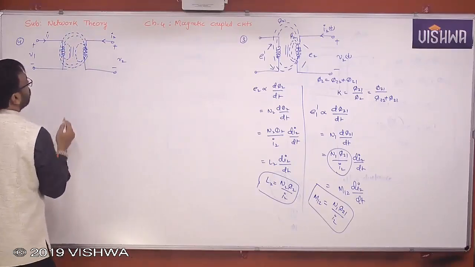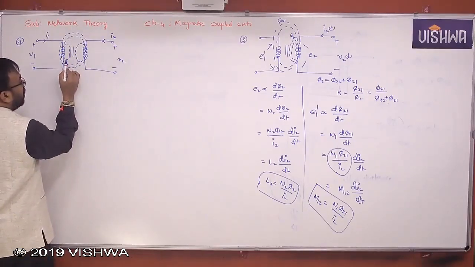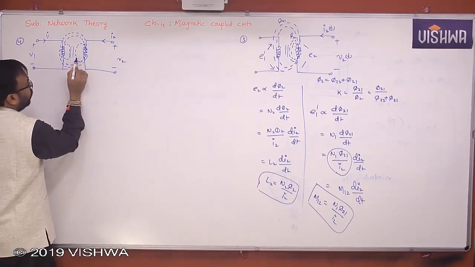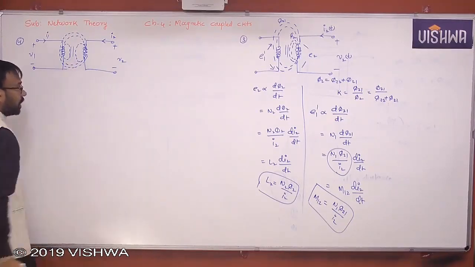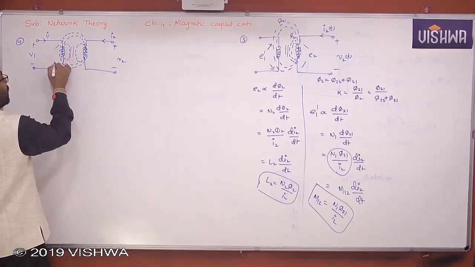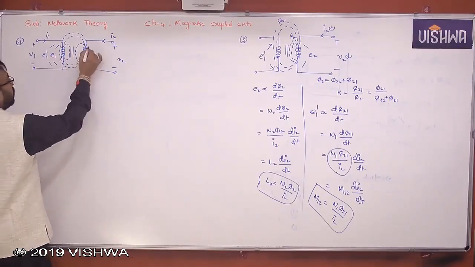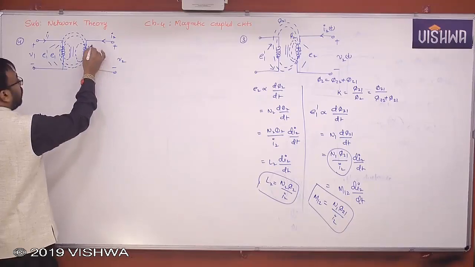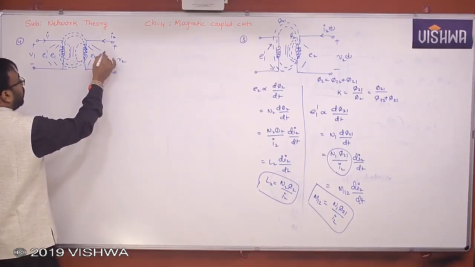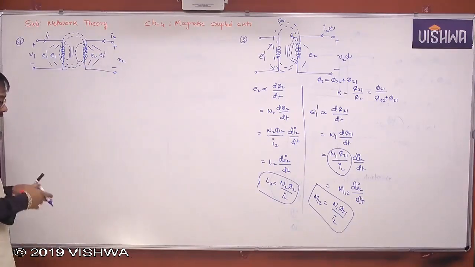So this is phi11, this is phi12, this is phi22, this is phi21, right? Because of all this, you will get E1 as well as E1 dash. Here also E2 and then E2 dash induced in both the coils, right?